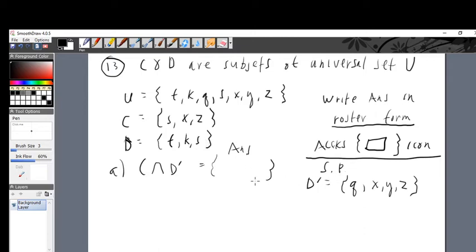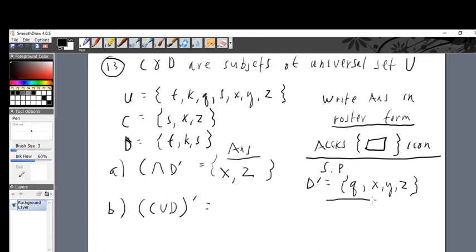No. Is X in both? Yes. Is Z in both? Yes. And that's it. That's the answer. Finished. X and Z. Question 2, or 13B, rather. How about parentheses, C union D, close parentheses, prime?